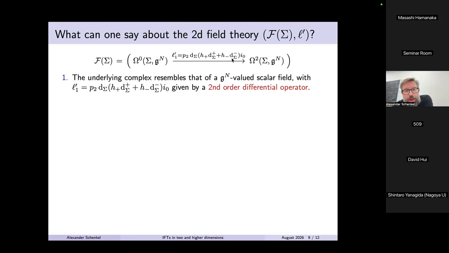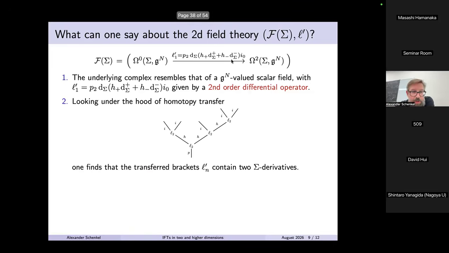So here is again the underlying complex. As I said before, the underlying complex clearly resembles that of a G to the power n valued scalar field. And the linear part of the equation of motion is a second order differential operator. This is some kind of new feature which happens after you twist by boundary conditions and singularities.